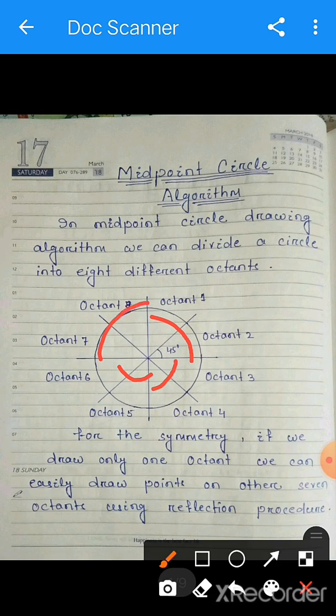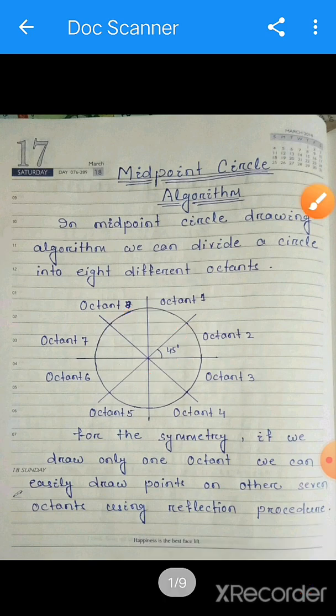In this way we can divide the circle into 4 quadrants. Again, one quadrant can be divided into 2 octants, so in this way the circle can be divided into 8 different octants.